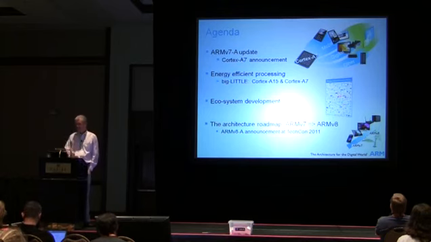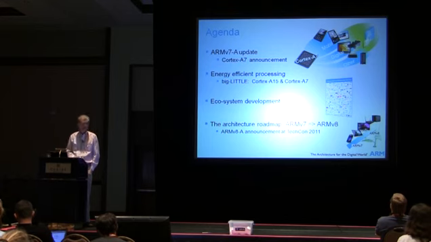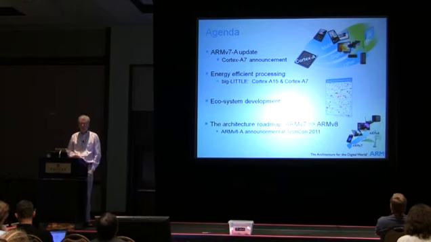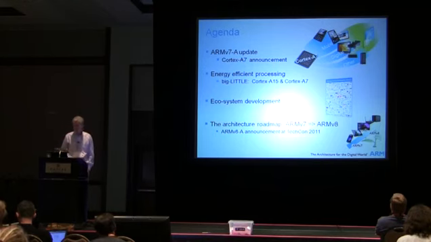And that also introduces a concept known as big.LITTLE. I'll explain a little about the nomenclature there in a minute, where we're using the A15 and the A7 to maximize power efficiency. ARM is well known for power efficiency, and it's key to us going forward.